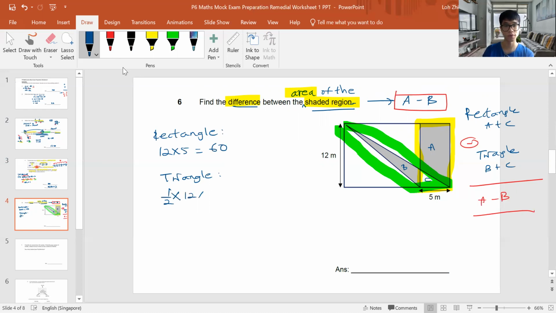So 12 times 5, simplified, is equal to 30. We need to minus both of them. So the difference between the shaded regions is 60 minus 30, which is 30 cm squared.